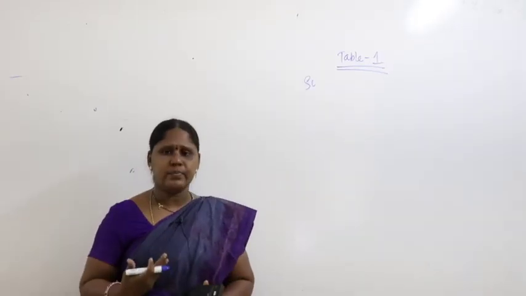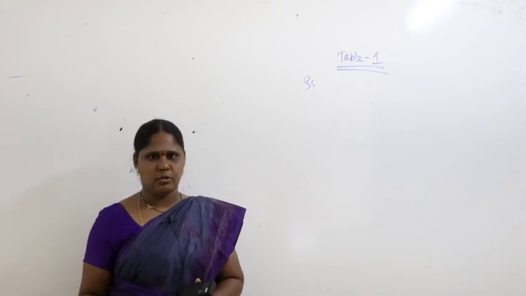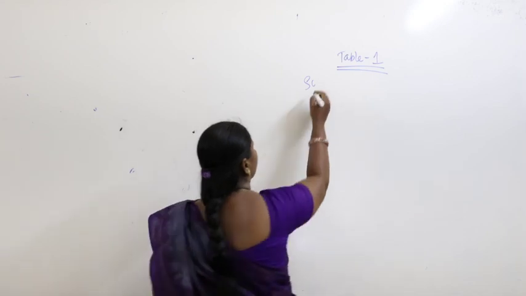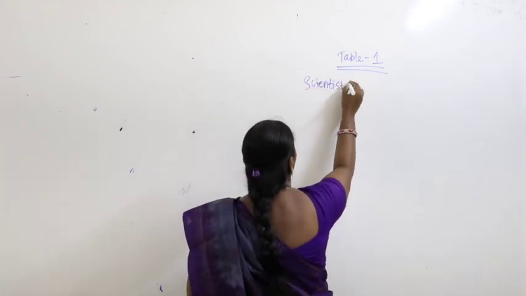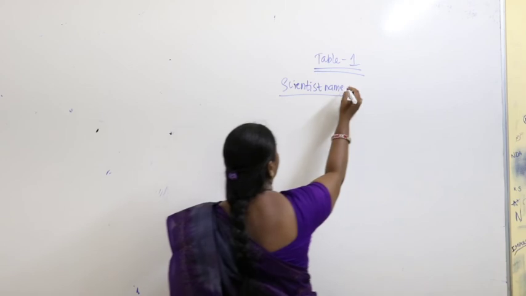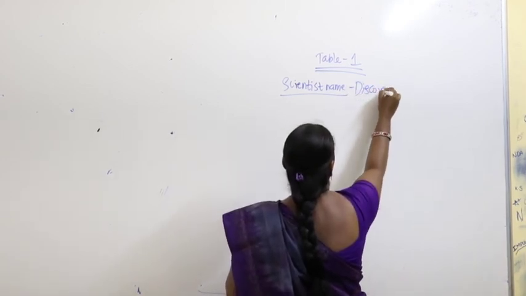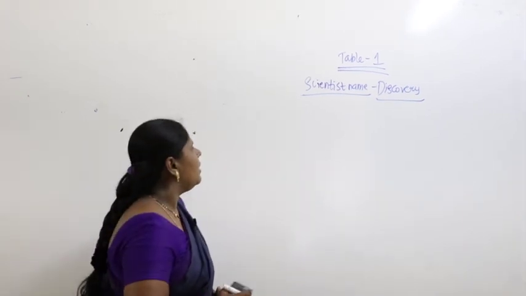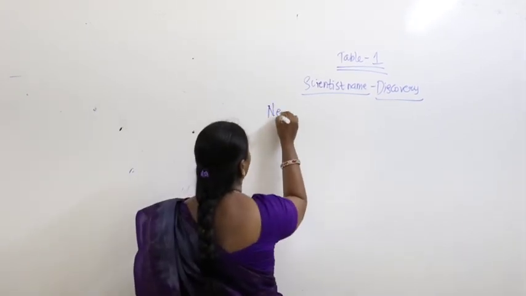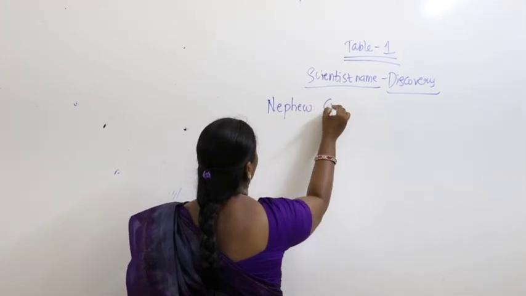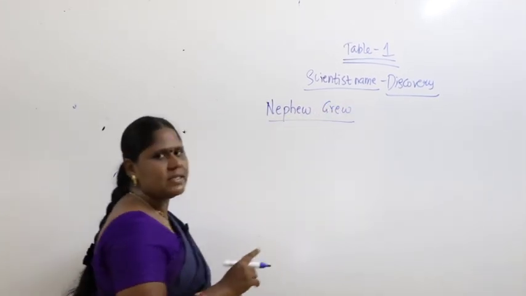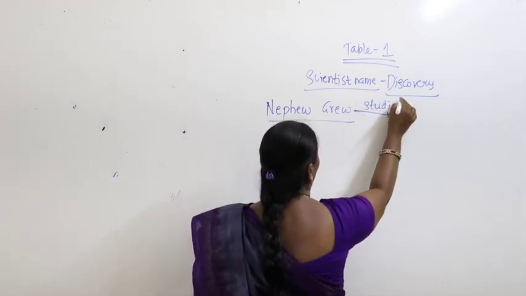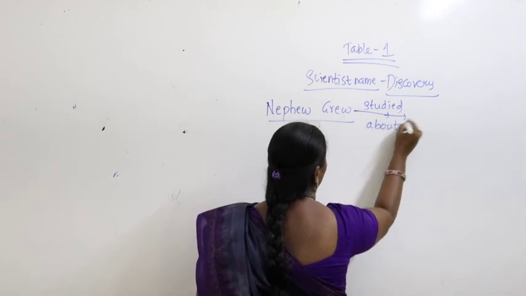So come to table 1. We studied scientist names and discoveries, right? Add two more scientist names and discoveries over there. Let us talk about Nehemiah Grew, the scientist who studied plant tissues.